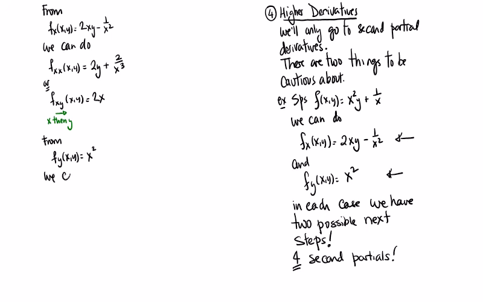We can do either f sub y again, which would be 0, or we could do y and then x. So again, the key thing to see here is we're doing y then x. And if we do that, we get 2x.